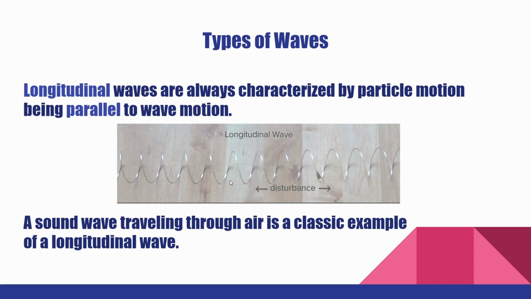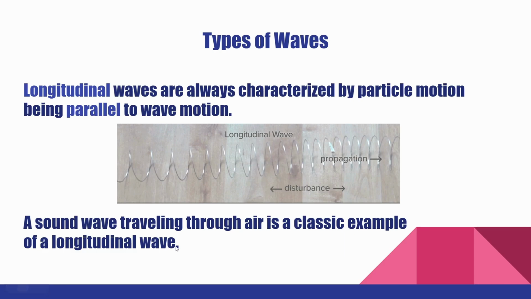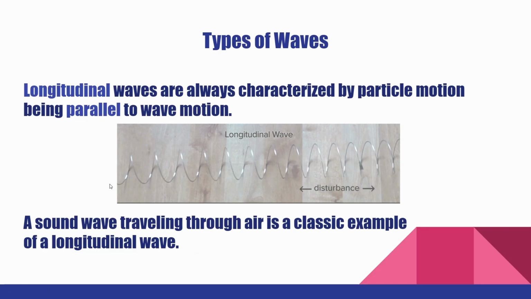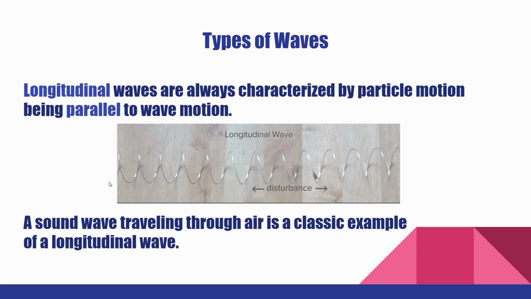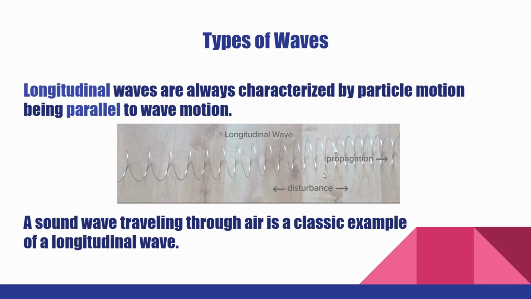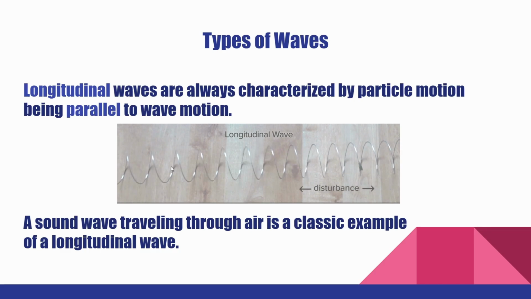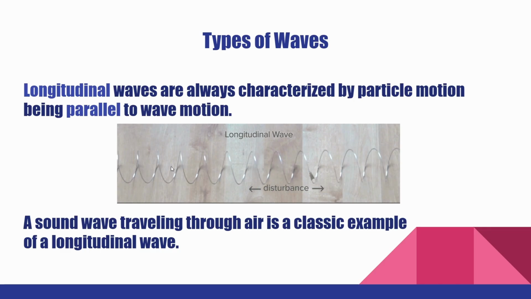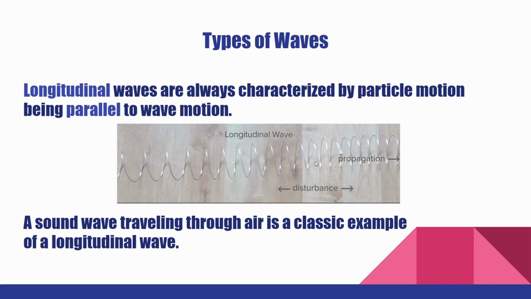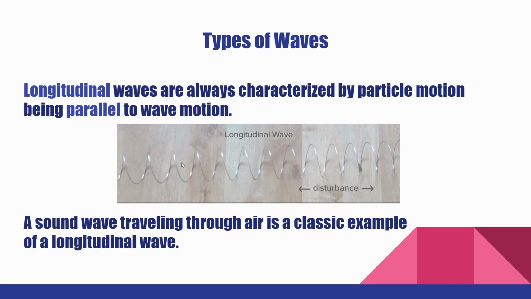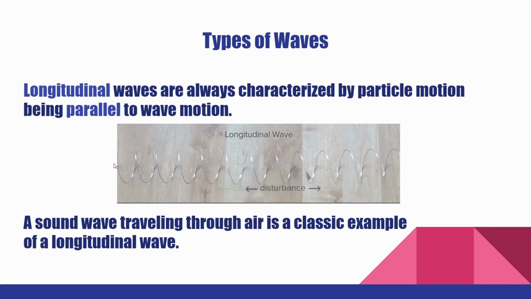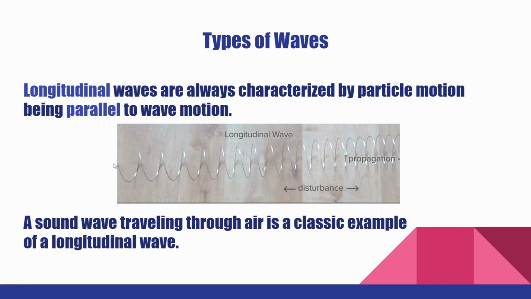Sound waves are a classic example of a longitudinal wave. With a sound wave, it's actually the air particles bumping into each other and carrying that energy, the sound information, through the air or through whatever medium it's traveling through.